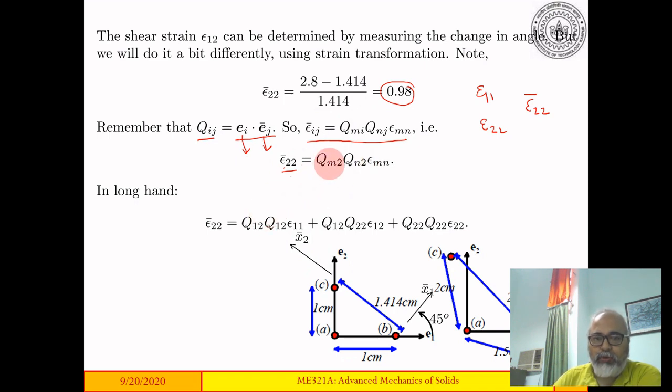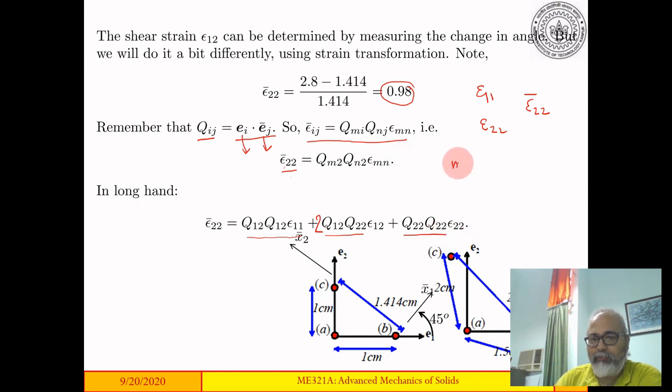So when I do that, I do m and n both equal to 1, so I get q12 q12 epsilon 11, q12 q22 epsilon 12, and there's a 2 here, and q22 q22 epsilon 22.